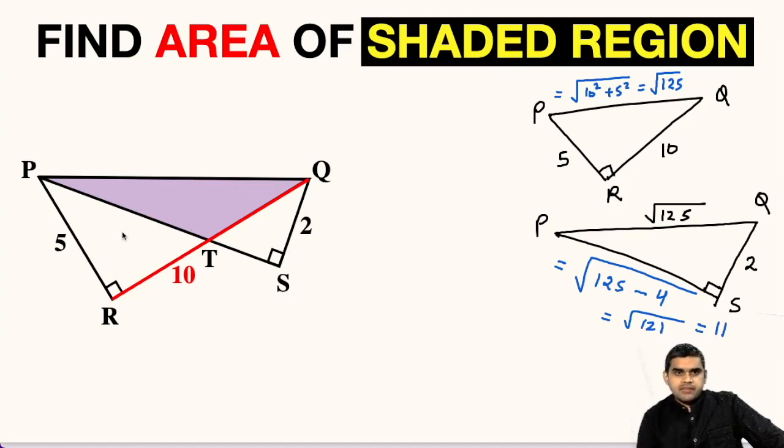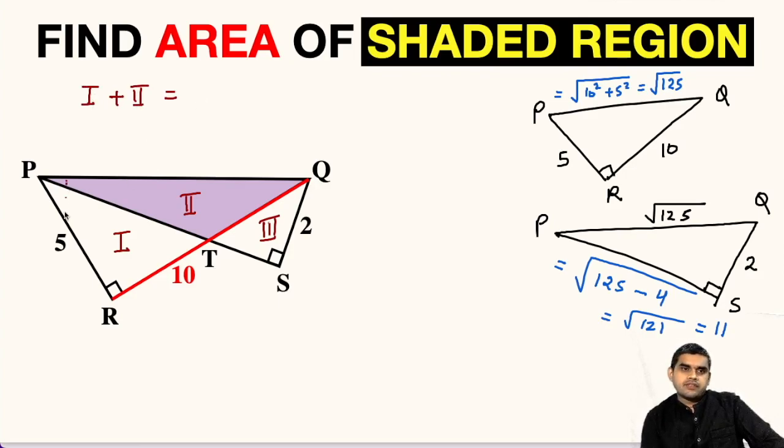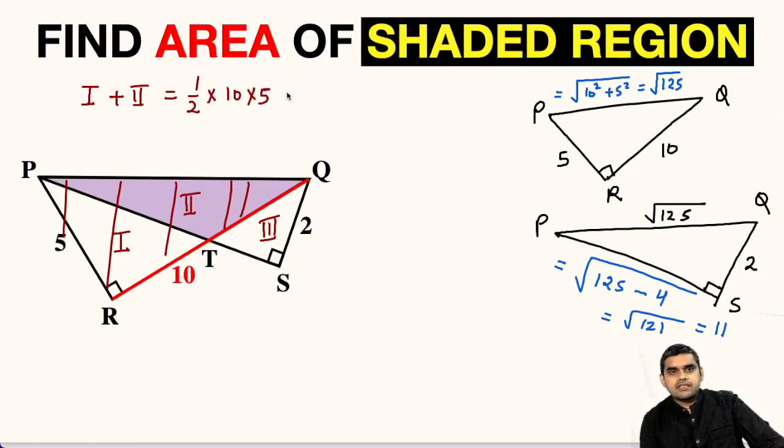Now let us name these three triangles as 1, 2 and 3. So area of triangle 1 plus triangle 2 will be equal to, if we see this triangle, half times 10 times 5, that means 25.